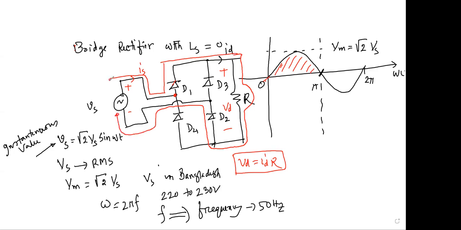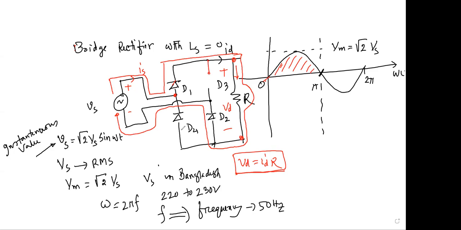So this will be the path of the current. Current flows from this point to this point, and we get the output voltage VD. During this positive half cycle, D3 and D4 will not be conducting, they will be reverse biased. Am I correct or not? Yes, sir.